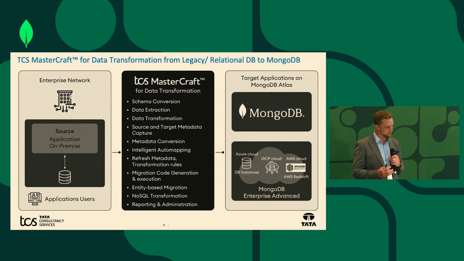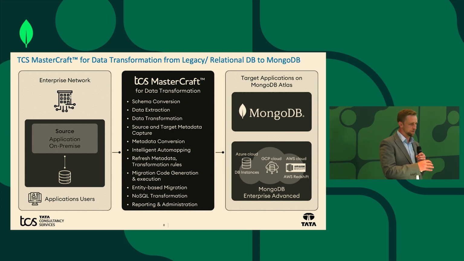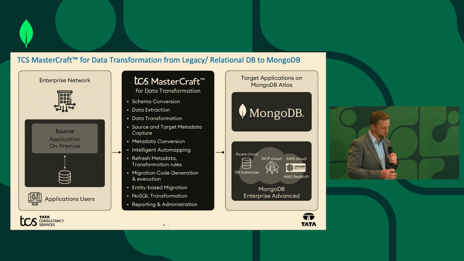So the unique capability of Mastercraft and this tool that we're talking about today, the data transformation tool, is that we support multiple types of database at source and target. So we're very agnostic when it comes to the type of database that you want to use. How it works is we first of all capture metadata in a JSON, which is created in a nested structure, and this is defined itself within the tool.